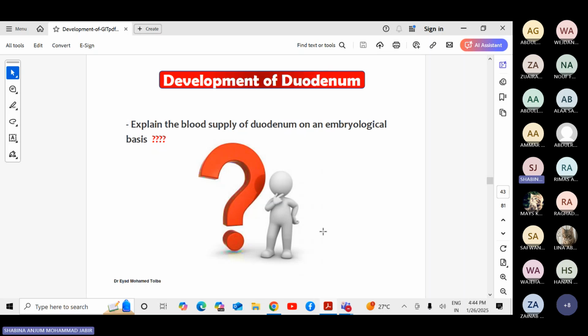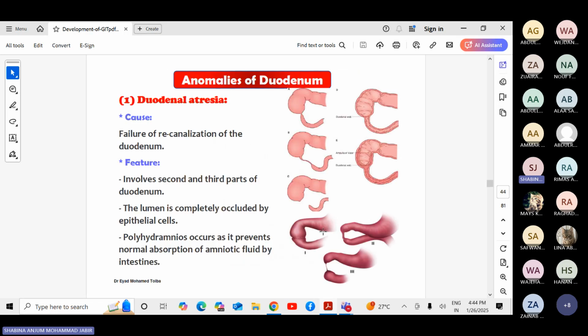So now it's easy to explain the blood supply of the duodenum on an embryological basis. What are the two different arteries supplying the duodenum? Yes, the celiac artery and superior mesenteric artery. Very good. Celiac and superior mesenteric artery.